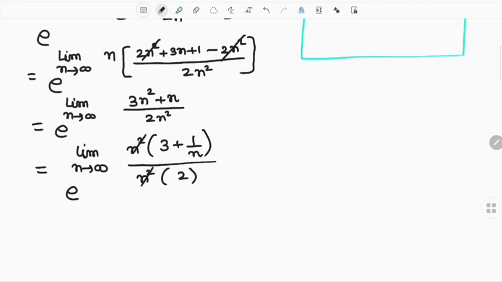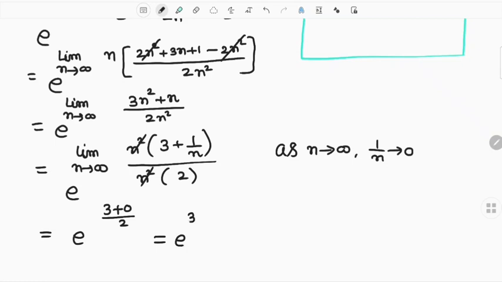N square gets cancelled. As n tends to infinity, 1 by n tends to 0. So 3 plus 0 divided by 2, which is equal to e power 3 by 2.